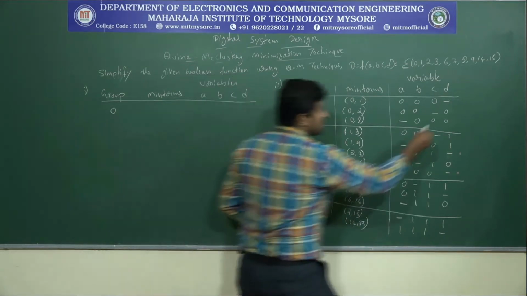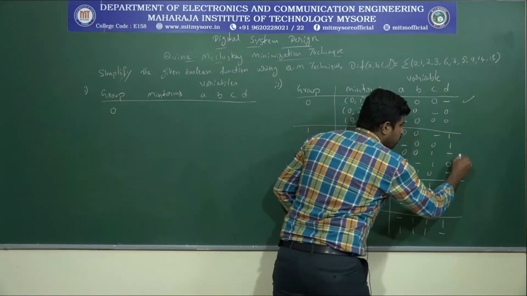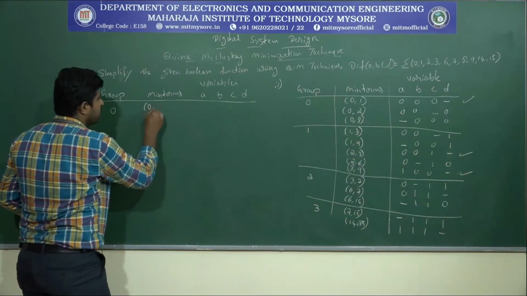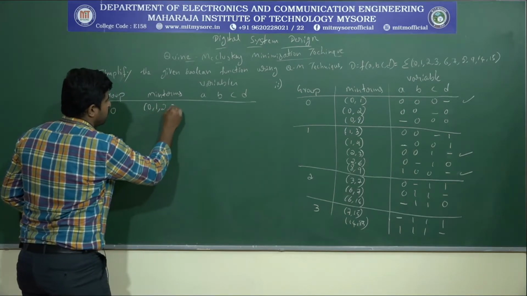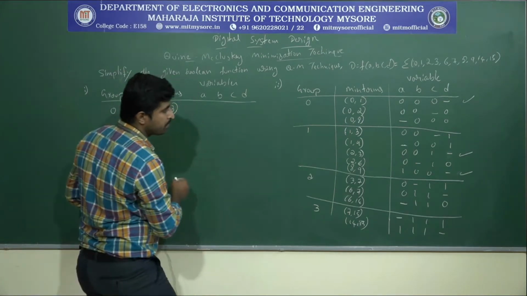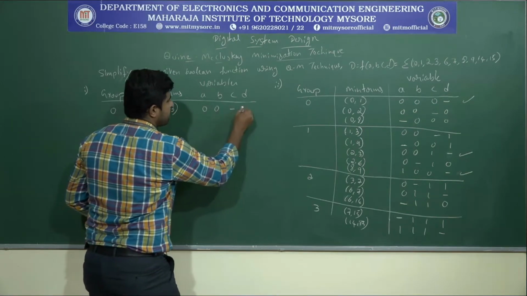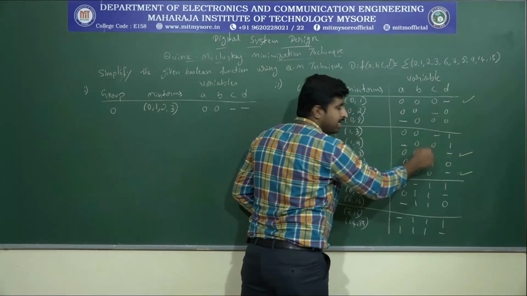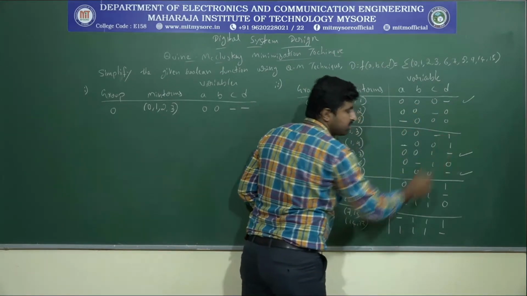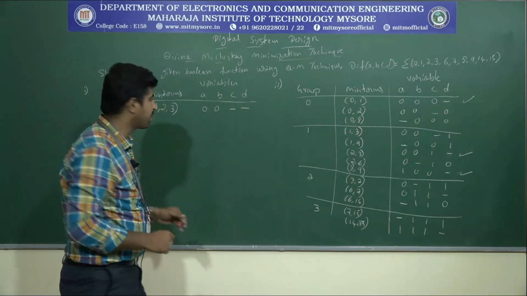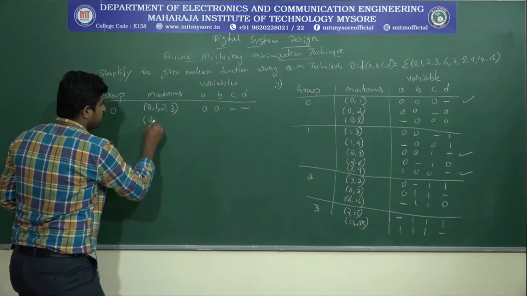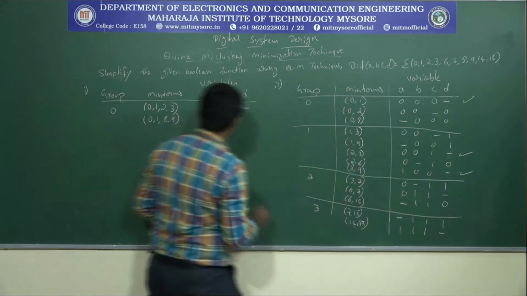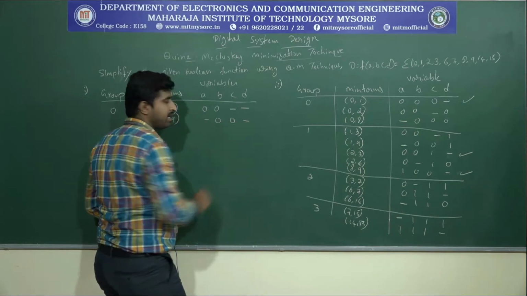So the mean terms 0, 1, 2, 3 have the variables 0, 0, dash, dash. The 0 0 0 0, 0 0 0 1 is represented with a dash, and the remaining dashes stay as they are. Next group: 0, 1, 8, 9 is dash, 0, 0, dash.